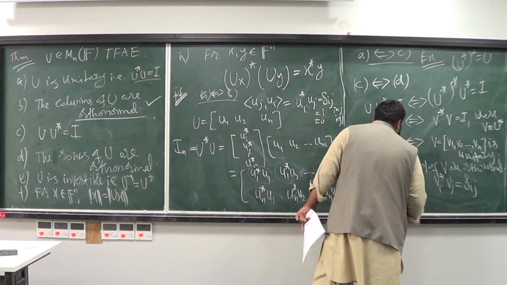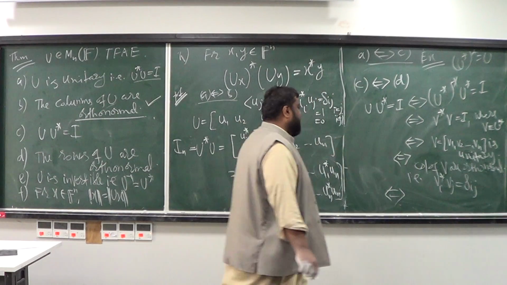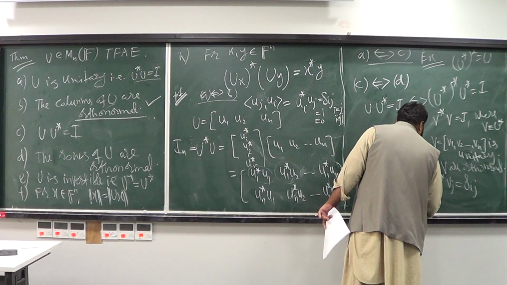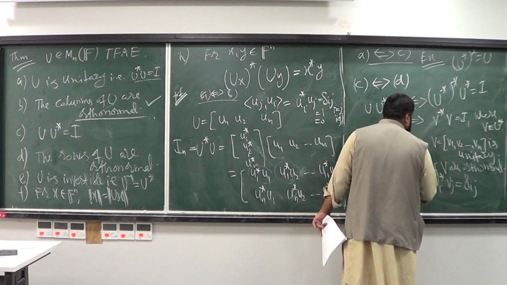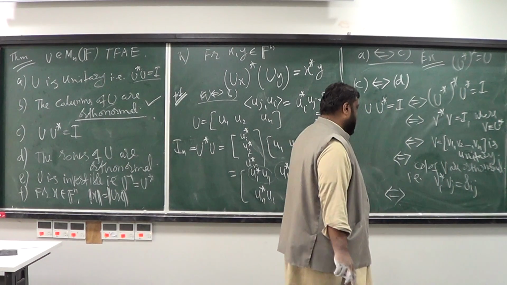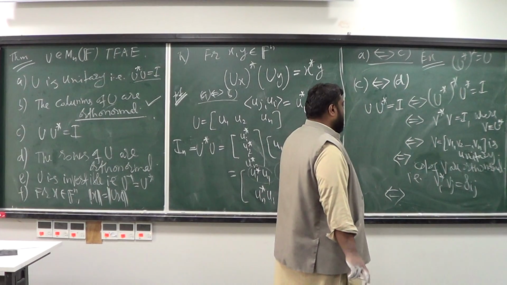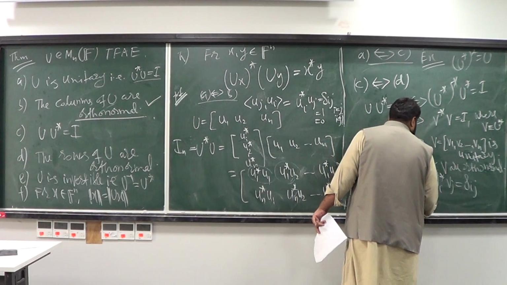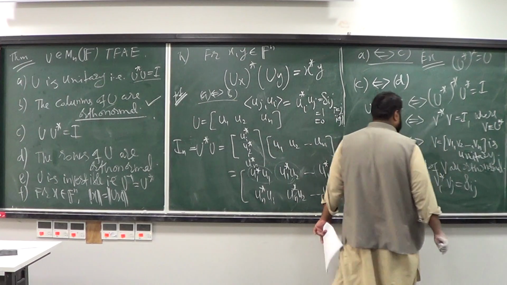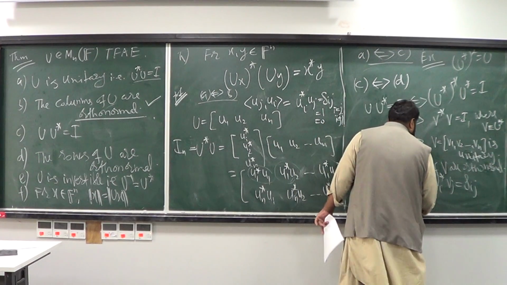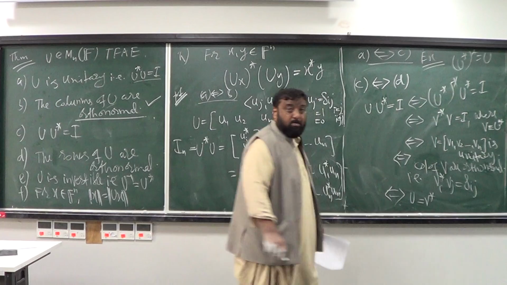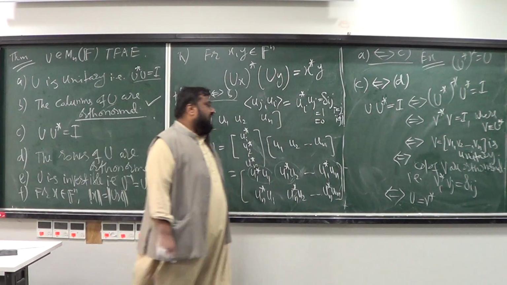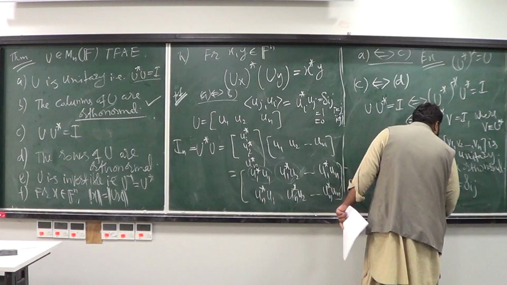So if the columns of V are orthonormal, then consider V star, which is actually equal to U. Now, what will come in V star?